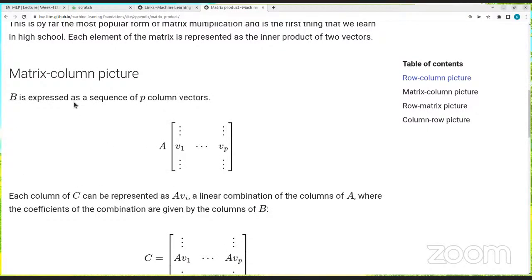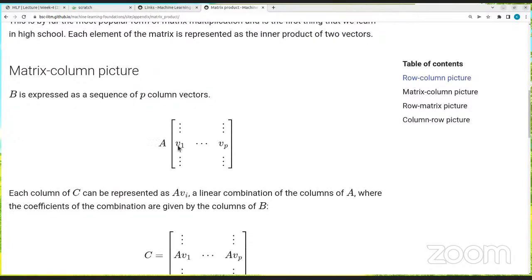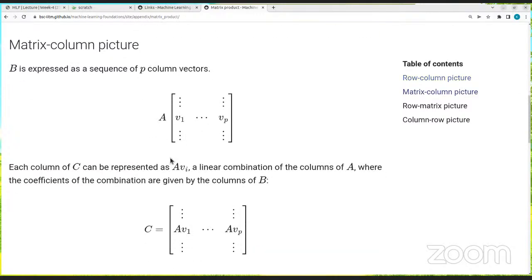If you have two matrices A and B, where A is some m by n matrix and B is some n by p matrix, and you write B as a sequence of columns v1 to vp, so there are p columns, then A times B is actually equal to the matrix with columns A v1 up to A vp. It's like you multiply the matrix and a column vector, p times. Are you familiar with this view of a matrix product?